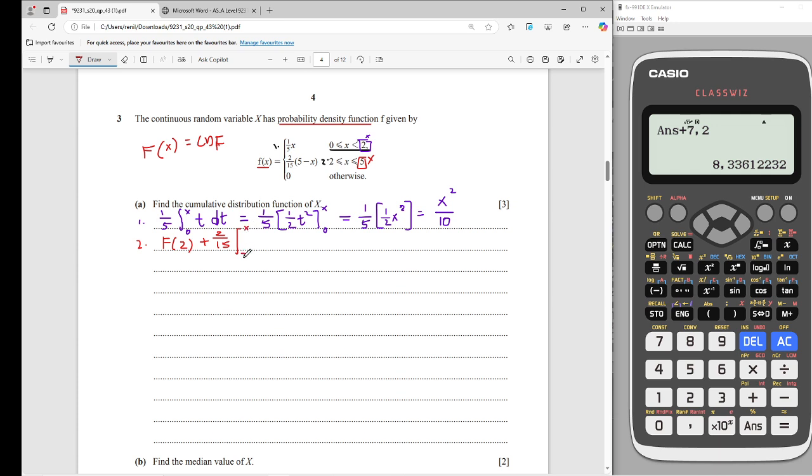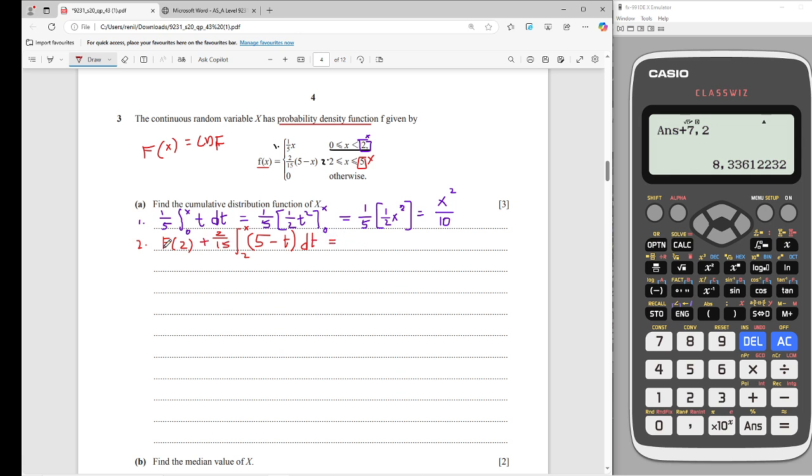It's going to be 2. And in the brackets, we have to write 5 minus x. Okay, but once again, x cannot be here because we're having an upper limit of x. So we're going to put t here. And we're going to differentiate with respect to t because that is the variable we have here.